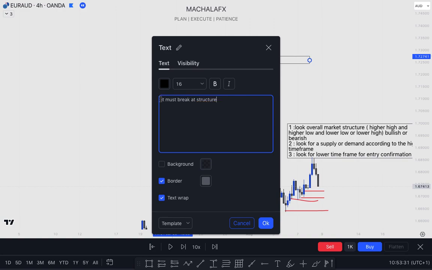That is one. Then two, it must have a volume increase.